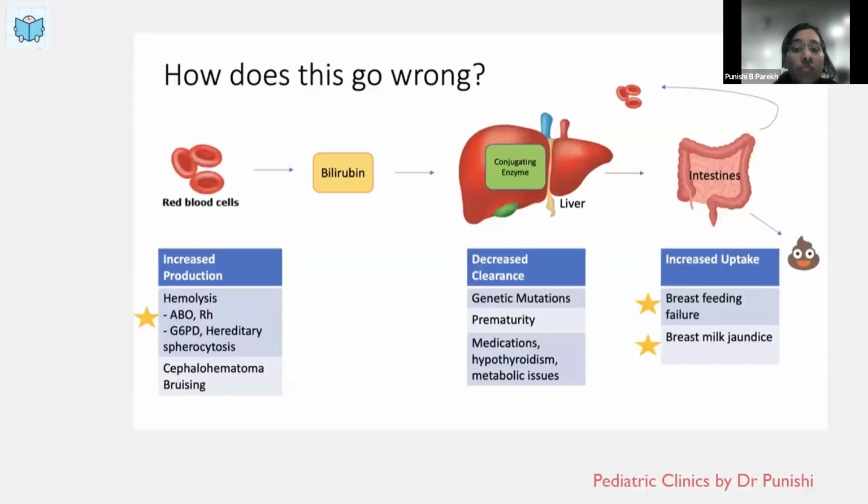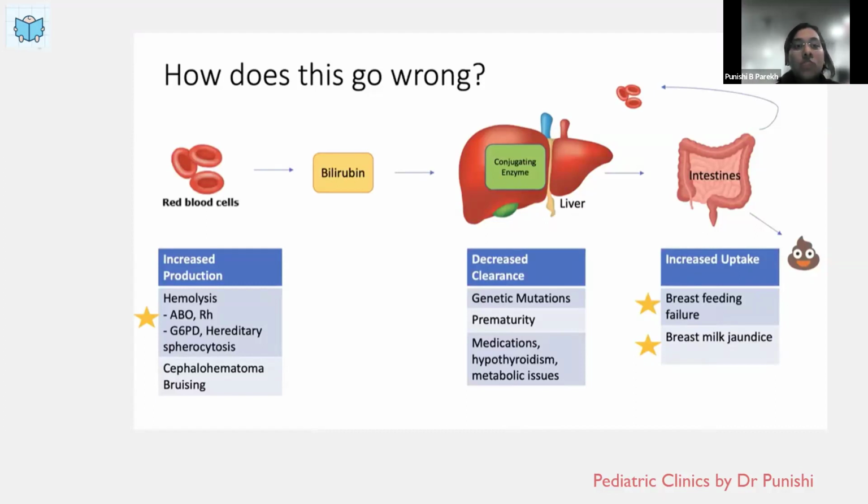But just to give you an overview, breastfeeding jaundice happens because of the failure of adequate breastfeeding. So let's say a child is not able to feed well either because of low milk output, or there's a problem with the latching, or basically there's decreased intake of milk by the newborn that impairs the production of meconium.